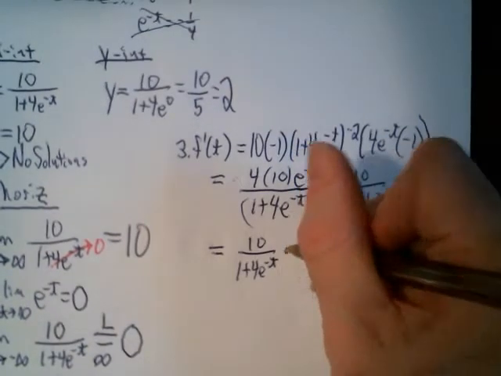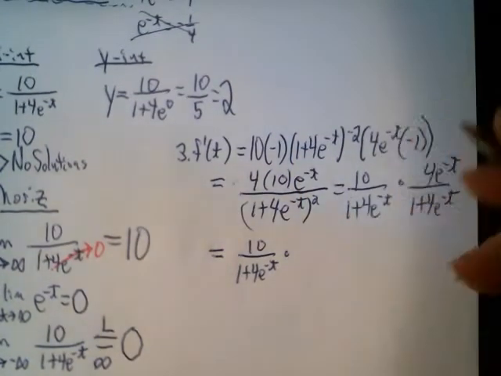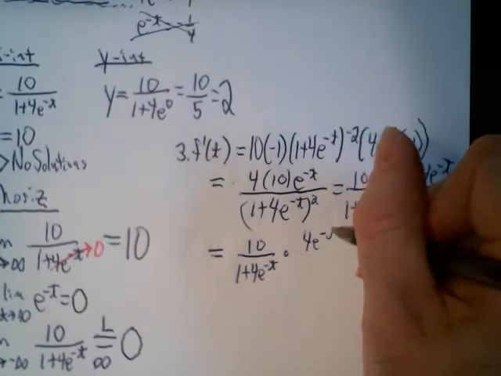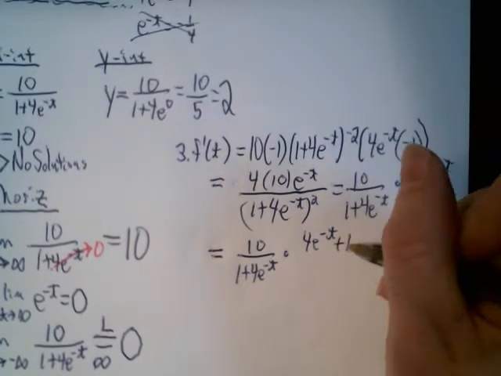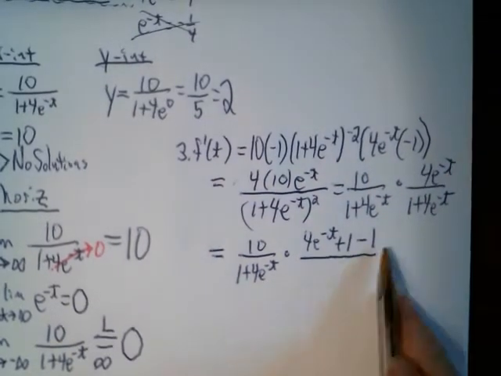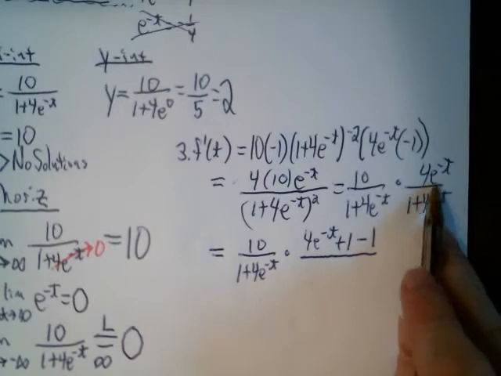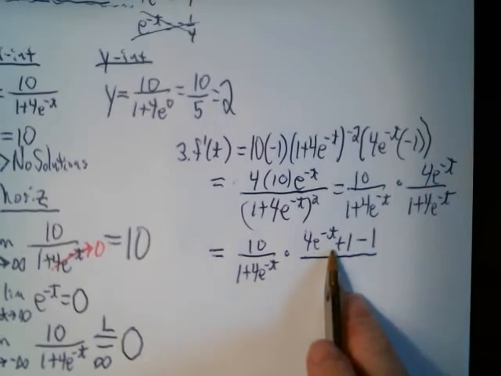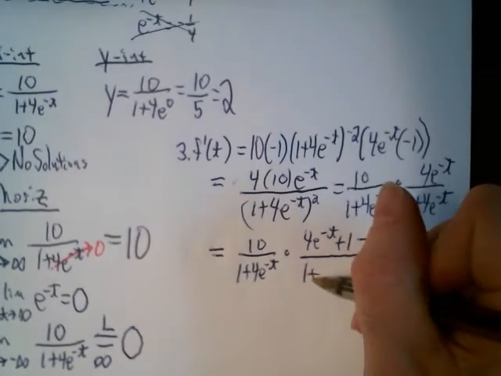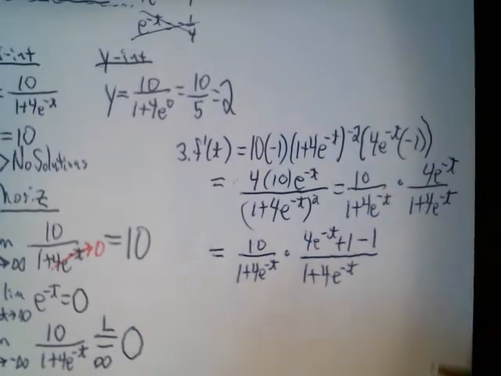So you can rewrite this as 10 over 1 plus 4e to the negative t times 4e to the negative t plus 1, and this is kind of tricky, minus 1, right? You can always go plus minus 1; it's the same as 4e to the negative t. It's just 4e to the negative t plus 1 minus 1 is plus 0. So these are equivalent, all over 1 plus 4e to the negative t.